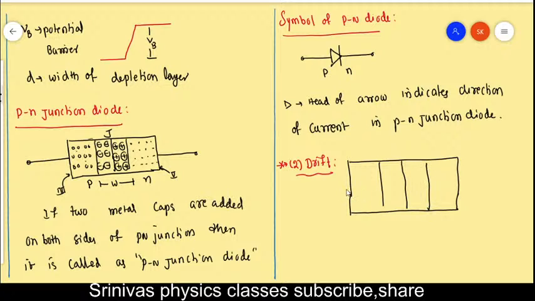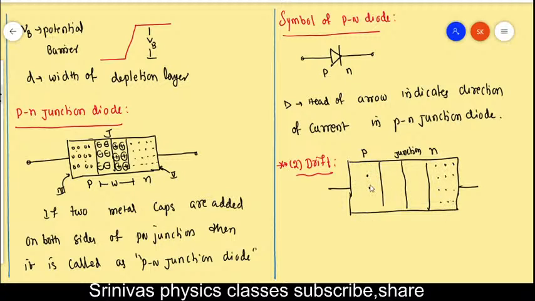This is the PN junction. This is the P region, and this is the N region. This is the junction, a layer which separates the two regions. In the P region, holes are the majority charge carriers. In the N region, electrons are the majority charge carriers. But one or two electrons are also there in the P region.